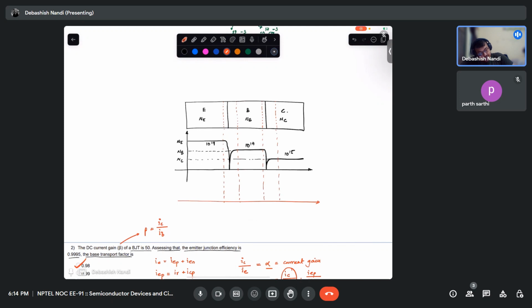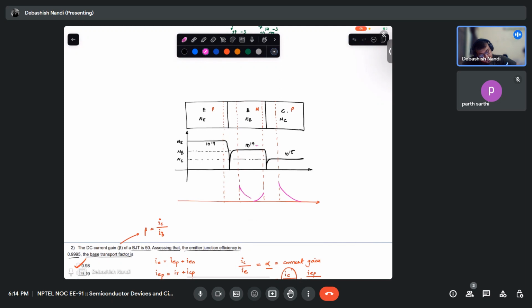So what happens actually, you will have excess carriers, right? Let us say this is P and P. If this is 10 raised to 17, then it will be around 10 raised to some value like this, and it will be like that.